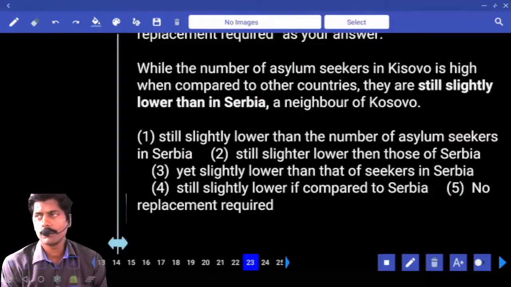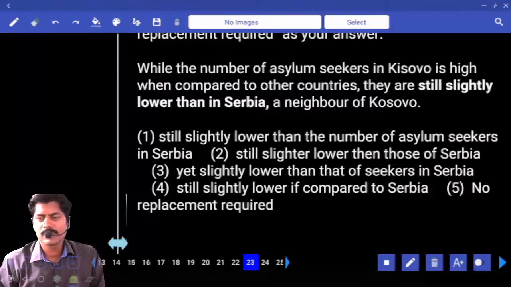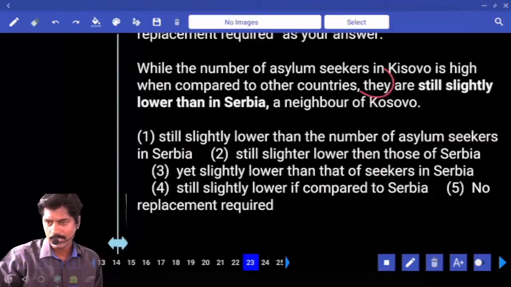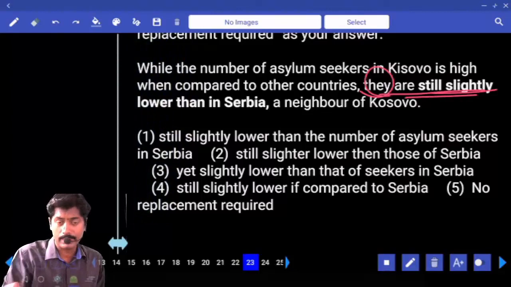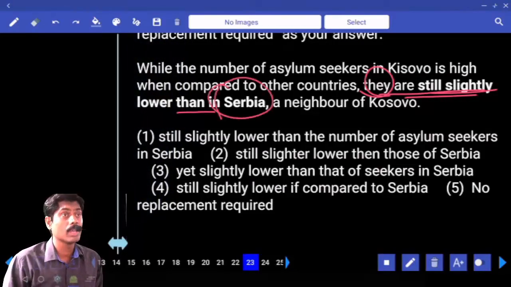You want some help, that place is giving you help, that is called asylum. So the number of asylum seekers in Kisowa is high when compared to other countries. They are still slightly lower than in Siberia.